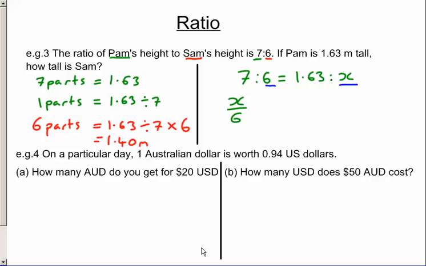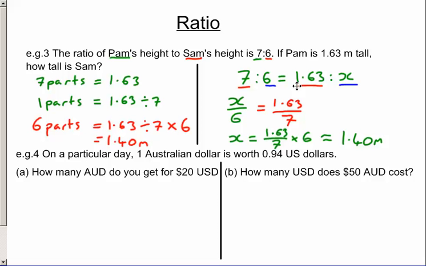And because we did x over 6, we need to do 1.63 over 7. And then we need to solve that equation. To solve that, we get x equals 1.63 over 7 multiplied by the 6, and that gets us to the same answer of about 1.40.